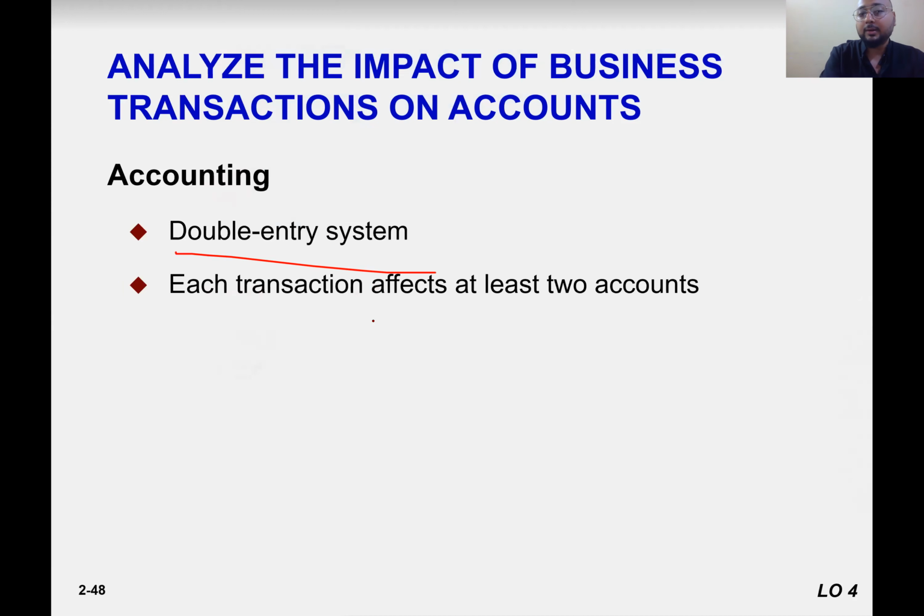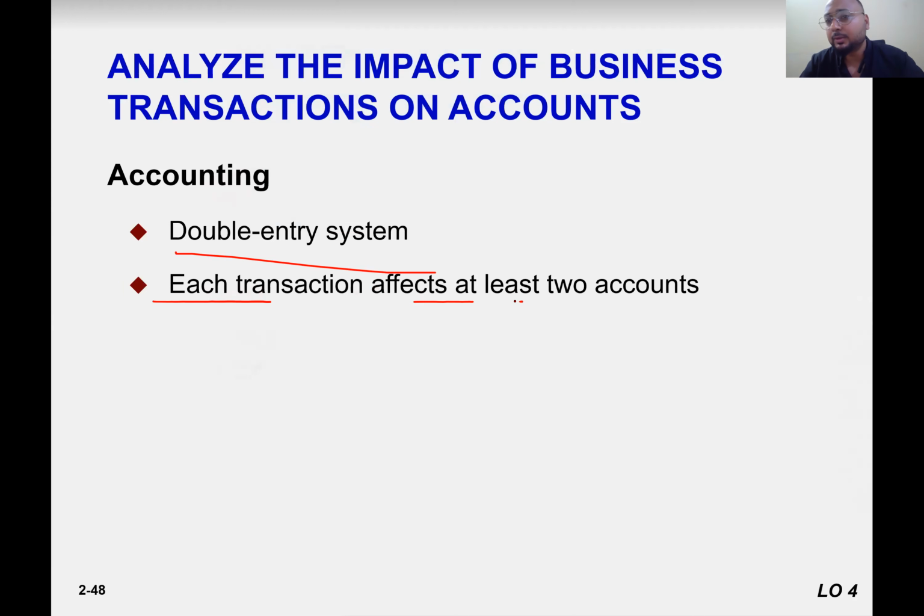So in the double entry system, each transaction hits at least two different accounts, like we just did in the accounting equation, either the right side of the equation or the left side of the equation. At least two accounts. So in the double entry system, we don't write plus and minus.